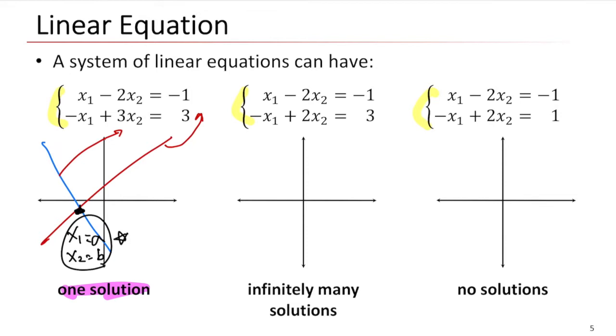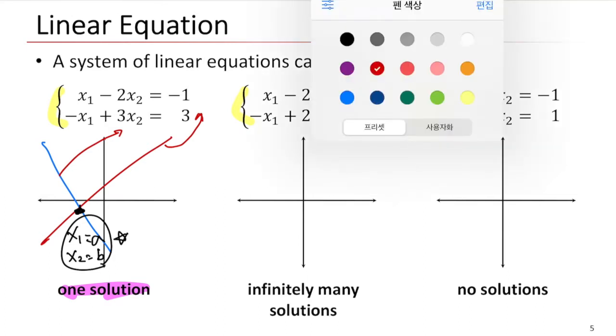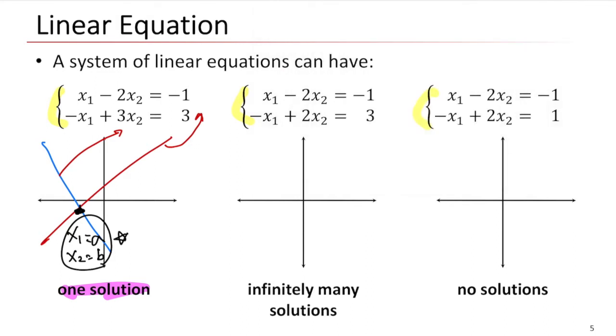Okay. So another possibility is that we have infinitely many solutions. I'm going to draw line 1 like this, and draw another line like this.